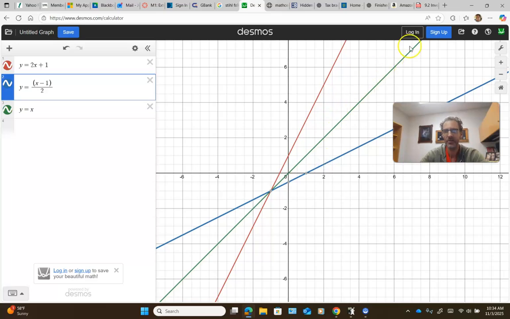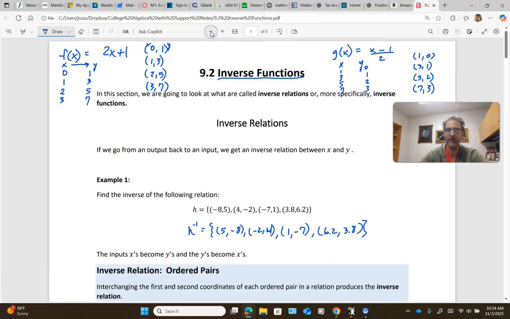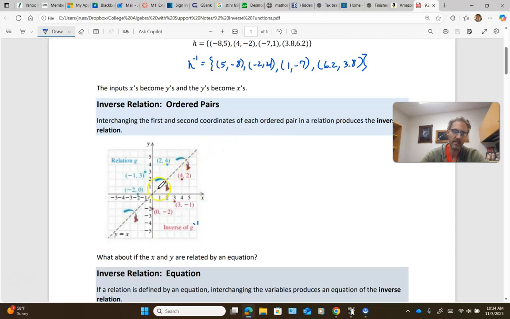So we see that symmetry in these two functions, in red and blue. So anyway, what I'm getting at is that when you graph two functions or relations that are inverses of each other, you will always have symmetry about this line, y equals x.